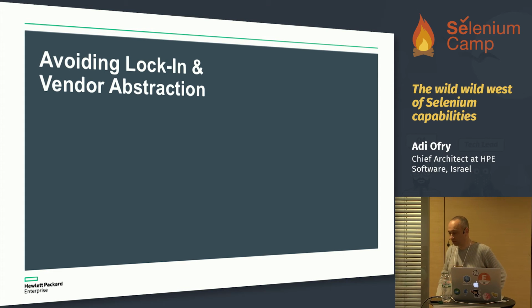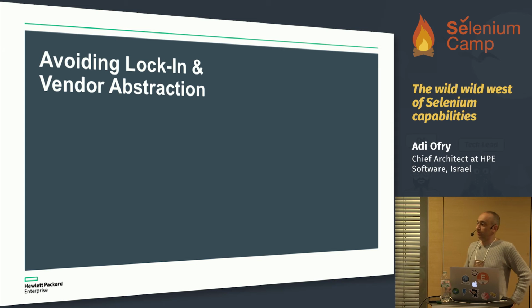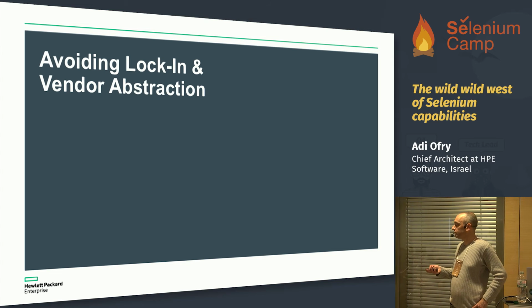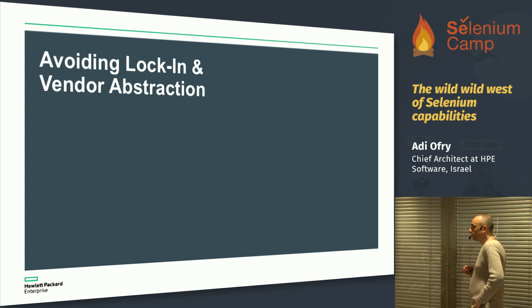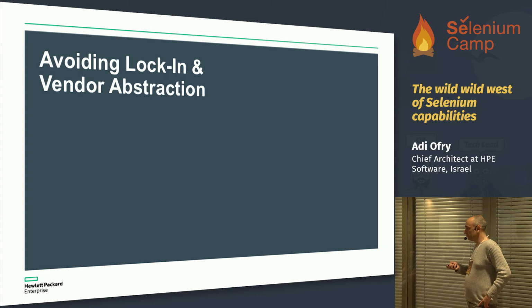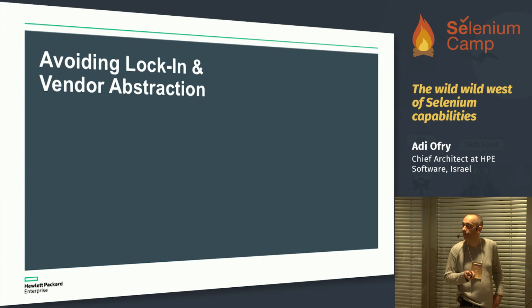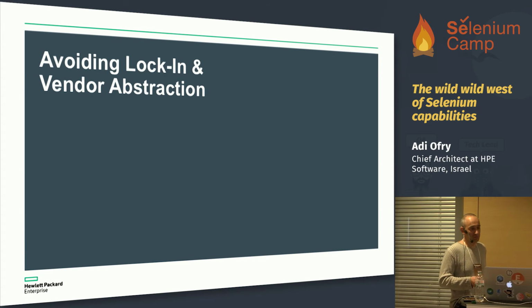So how can we use all of this magic, if we choose to use it, but not having a lock-in for a certain vendor? If we want to change tomorrow to another vendor, what's the design that we can take to go there?